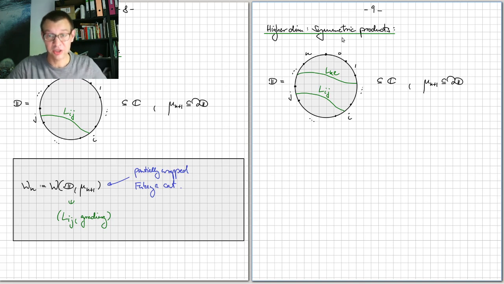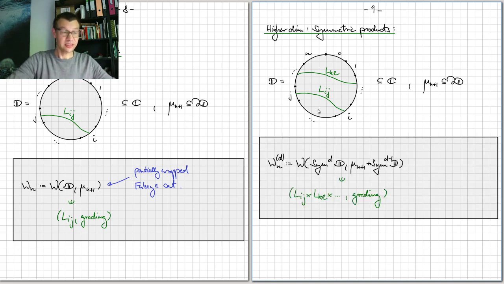To get to higher dimensions, you look at symmetric products. The symmetric product of the disk is in this case just going to be a ball inside d-dimensional complex space. For example, you can realize this by using the elementary symmetric polynomials as coordinates.